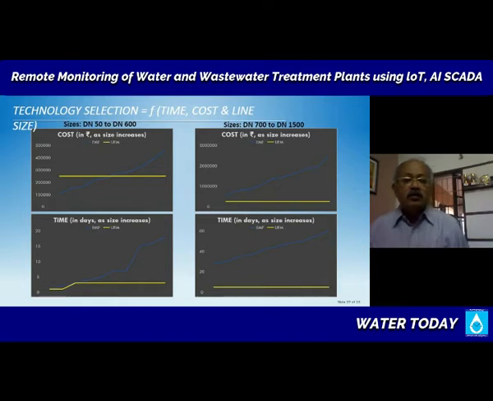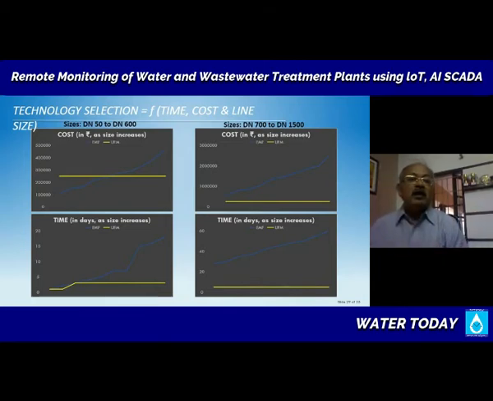The thing with ultrasonic measurement is that the same sensor can measure in different pipe sizes. So your cost is more or less the same, whether you are putting a meter in a 300 dia pipe or a 3-meter dia pipe. Your cost of meter installation is more or less the same. That is why, when it comes to ultrasonics, you see a straight line on cost. At some point the electromagnetic flow meter can be less expensive, and at some point it gets much higher.